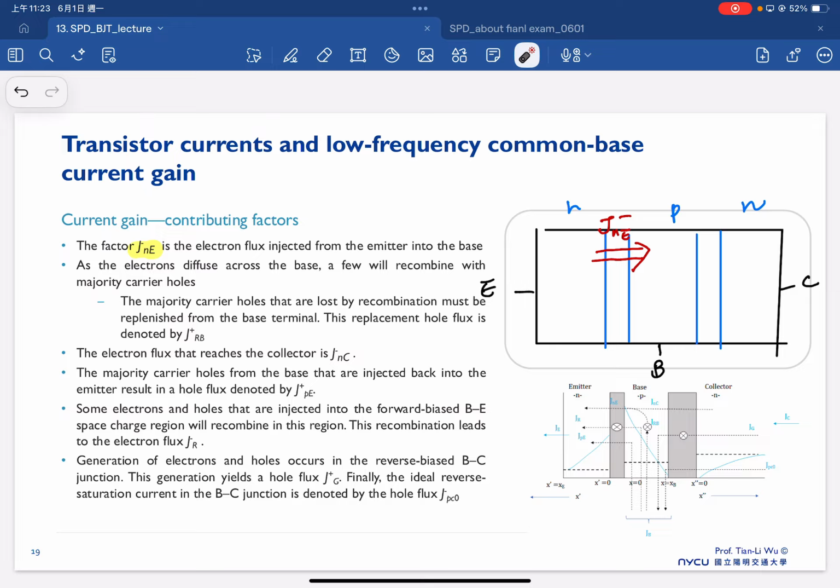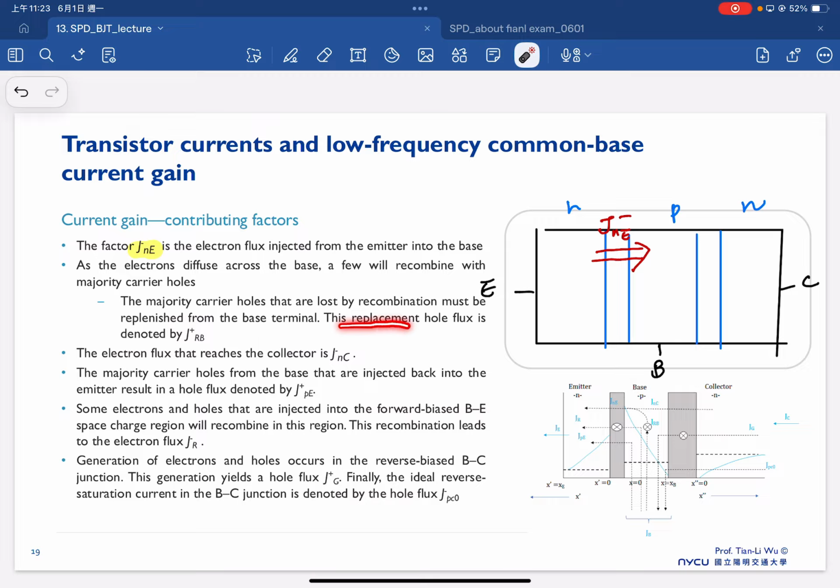So once we have electrons injected into the base and try to cross this base, some of the electrons will be recombined with holes, because the majority in the P region is holes. So the majority carrier holes that are lost by recombination must be supplied again from the base terminal.